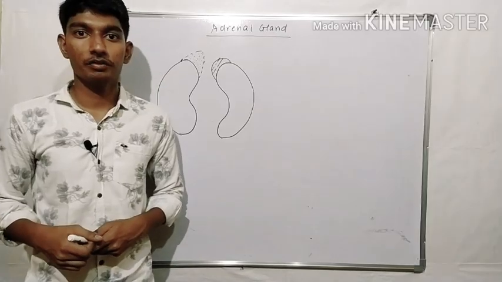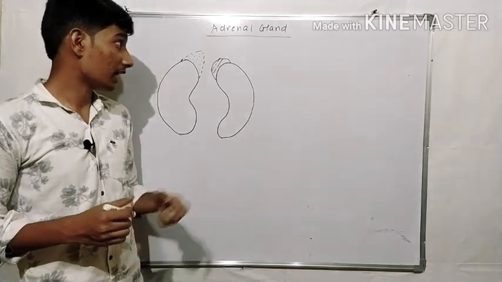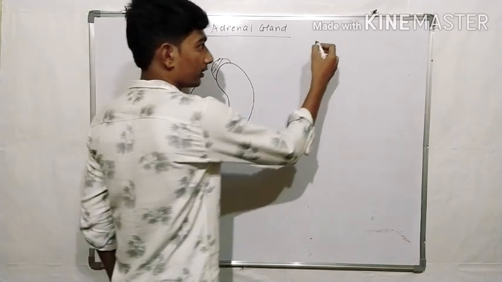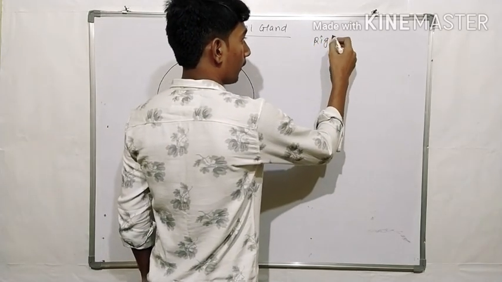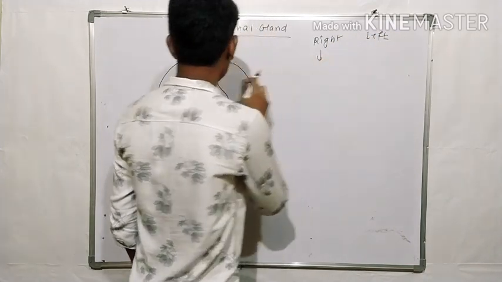Now we will discuss a very short topic that is known as adrenal or suprarenal gland. And in adrenal gland we have right and left suprarenal gland.